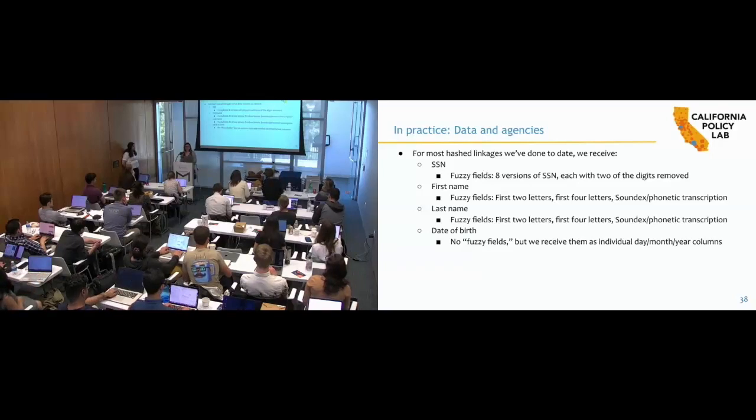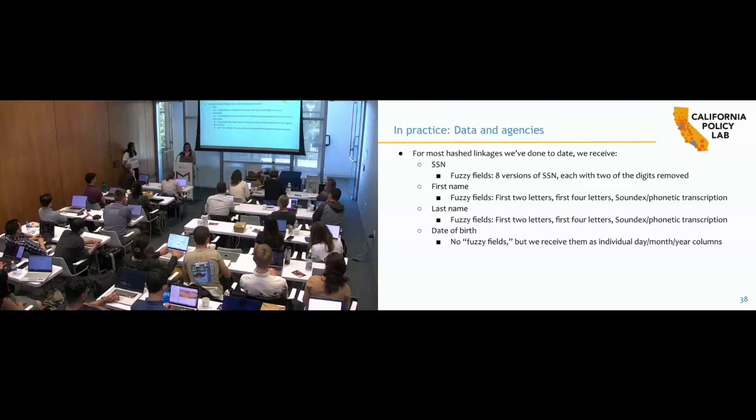For the first name and last name, we'll take either the first letter, the first 2 letters, or the first 4 letters, and hash those values separately. We'll also do what's called a soundex, which is a phonetic transcription. So the soundex for Karla with a K and Karla with a C should be the same because they're pronounced the same.